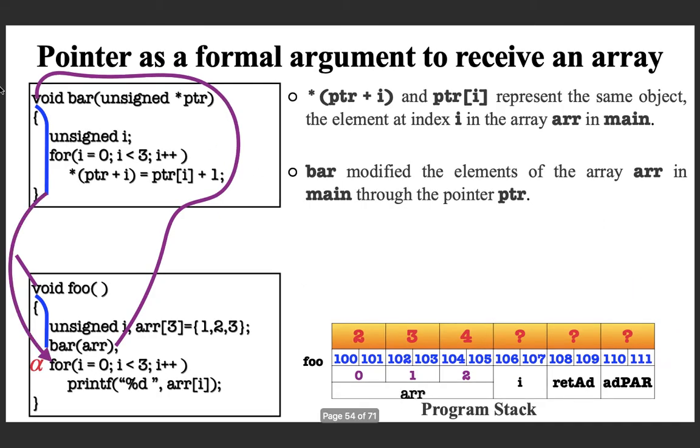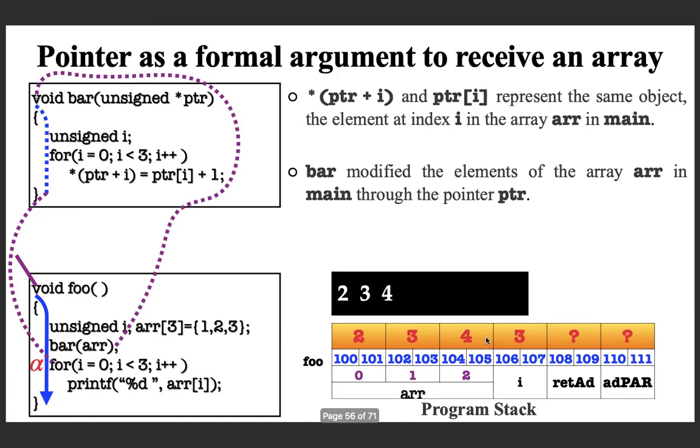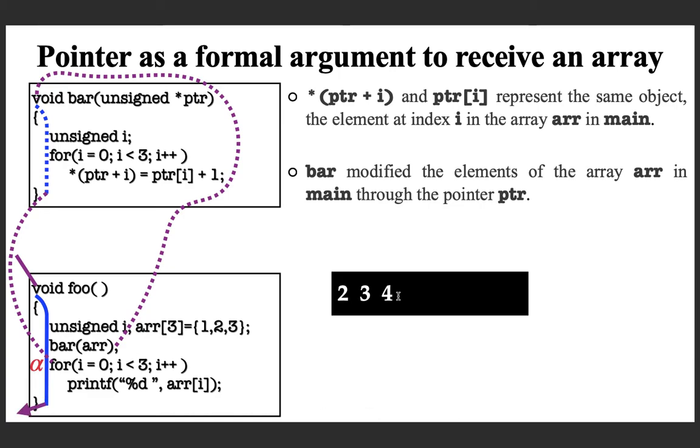Now, if you execute this return, then that activation record is deleted. Now, you came back to the calling function, and you are going to execute now this for loop, where you are trying to print the content of the array, which is now 2, 3 and 4. If you execute, you will get 2, 3 and 4 printed, and that program finishes its execution.